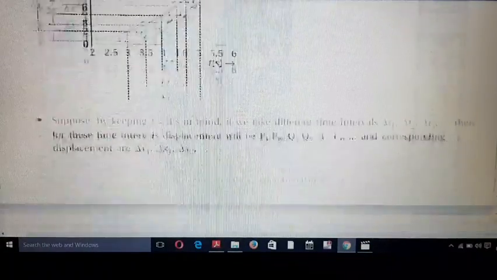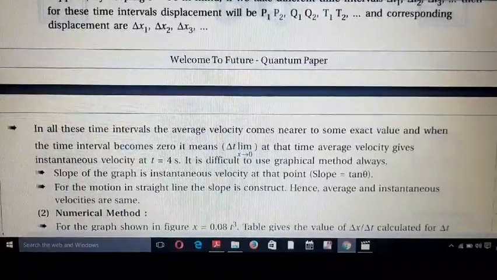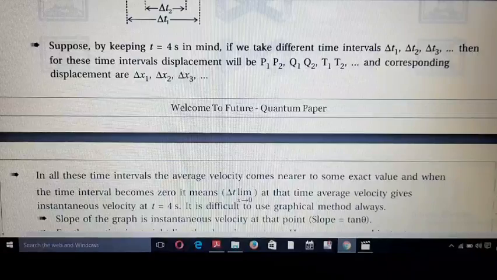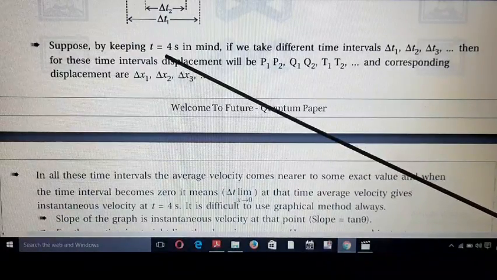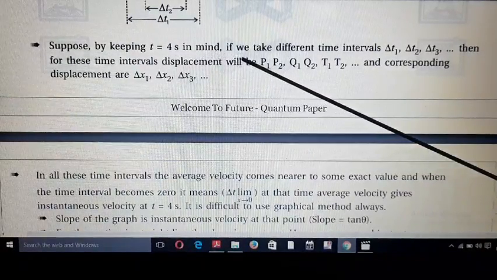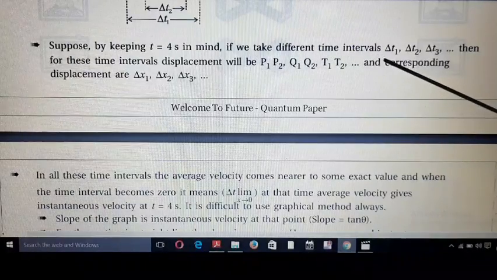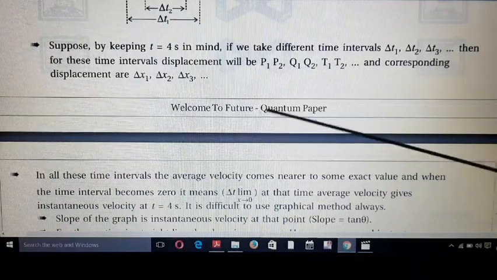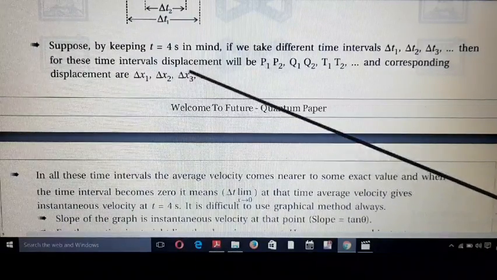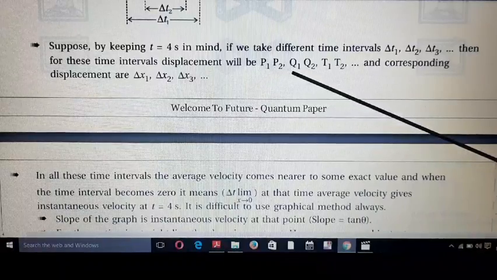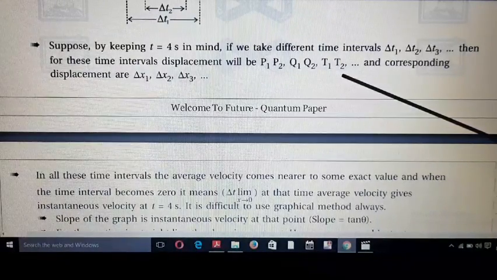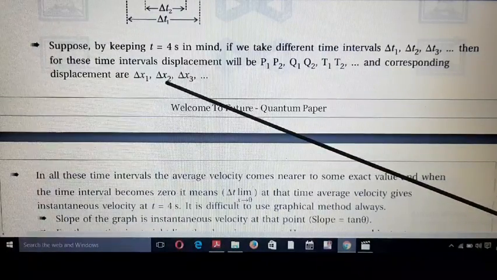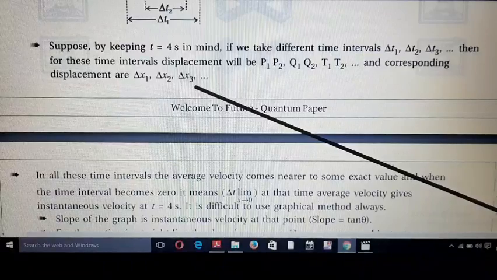Friends, suppose, keeping t is equal to 4 seconds in mind, we take different time intervals delta t1, delta t2, delta t3, and so on. Then for these time intervals the displacements will be p1 p2, q1 q2, t1 t2, and so on, and the corresponding displacements are delta x1, delta x2 and delta x3.